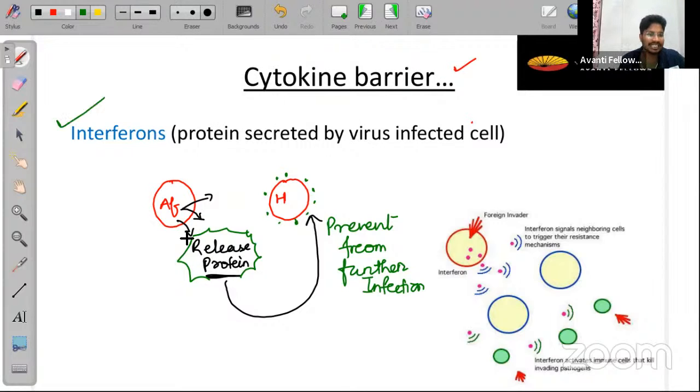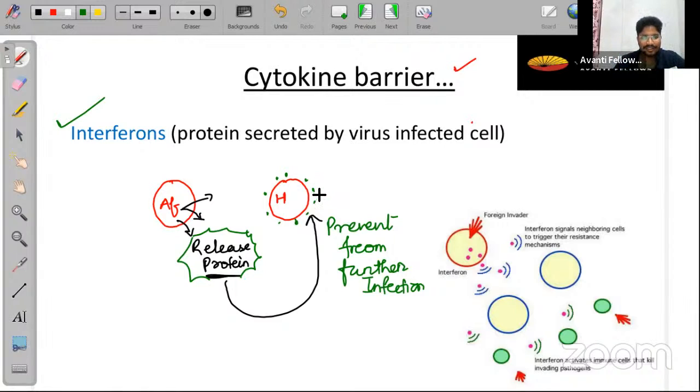Interferons. And generally the affected cell is your virally affected cell. So only a virus-affected cell synthesizes this protein, not other affected cells like those with bacterial or fungal infection; in general this doesn't happen. It happens when the cell is getting infected by a virus. At that time, the affected cell will be synthesizing or releasing some proteins, interferons, which will prevent other non-infected or healthy cells from further infection.